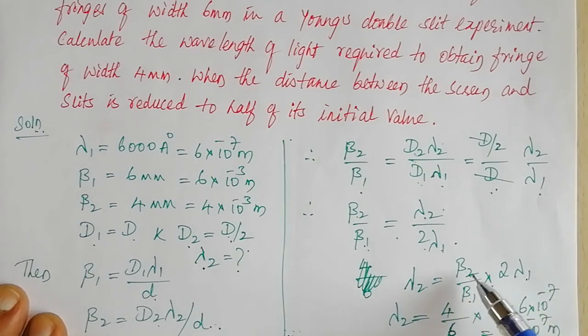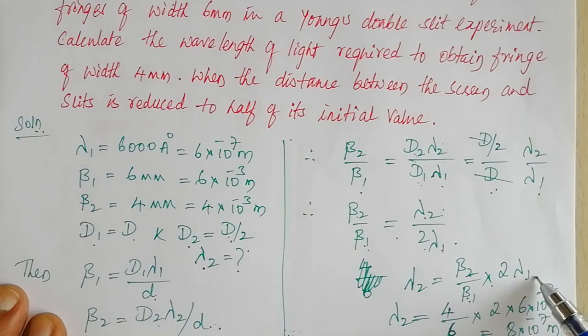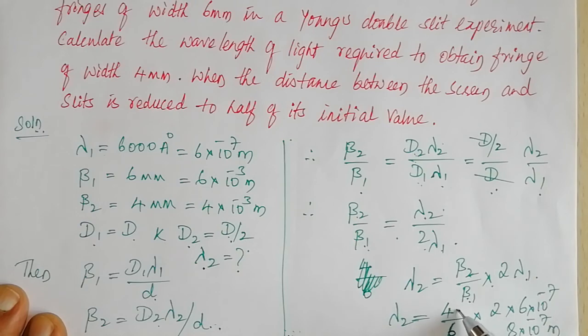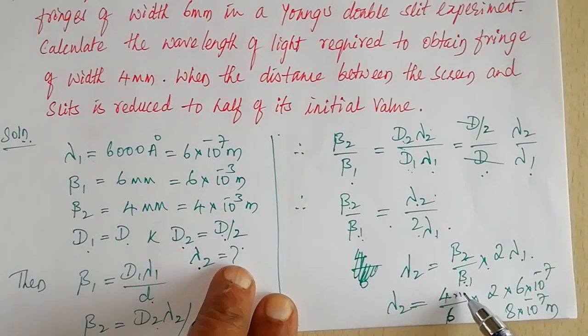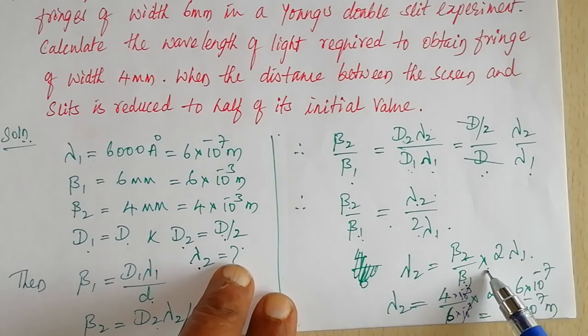Substituting, beta 2 is 4 into 10 raised to minus 3 meter, beta 1 is 6 into 10 raised to minus 3 meter, here 10 raised to minus 3 cancels, into 2 into lambda 1.